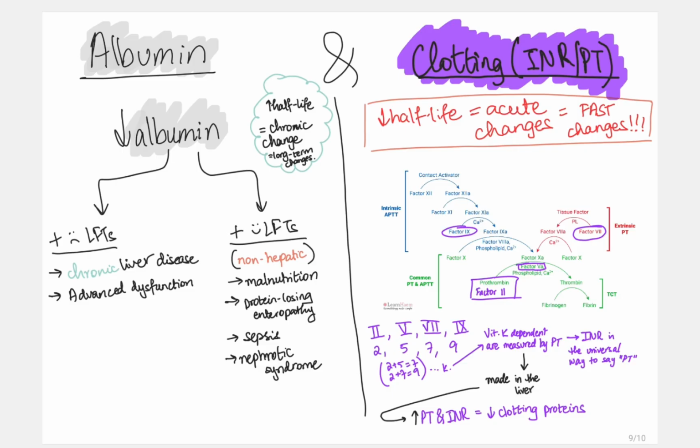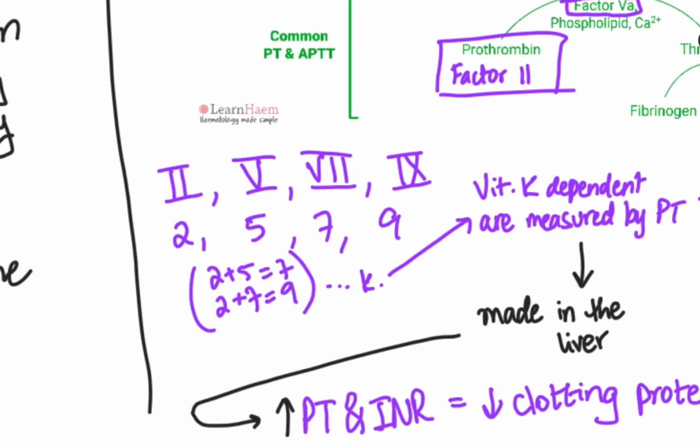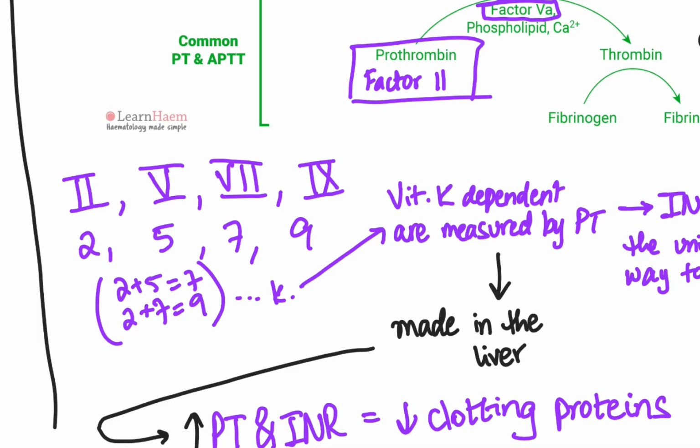So as a result, we like to measure both the PT and INR as a means of checking if all of the enzymes which are vitamin K dependent, i.e. factors 2, 5, 7, and 9, are affected by the liver damage.